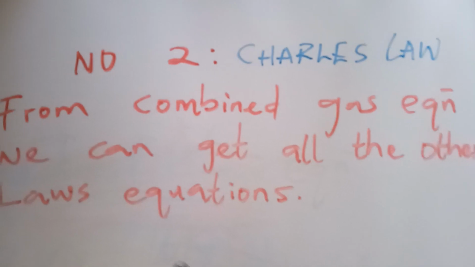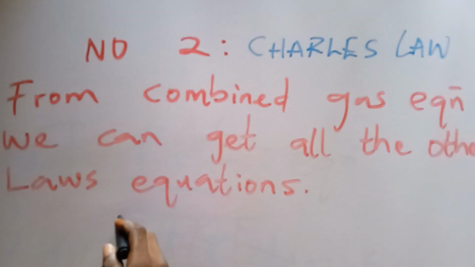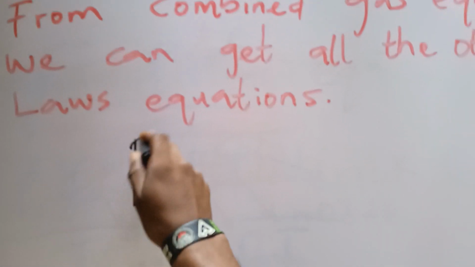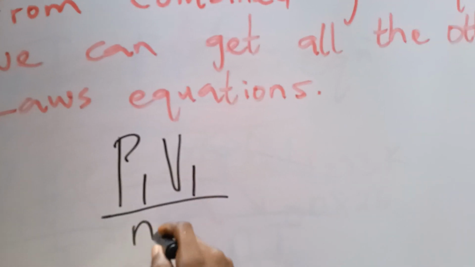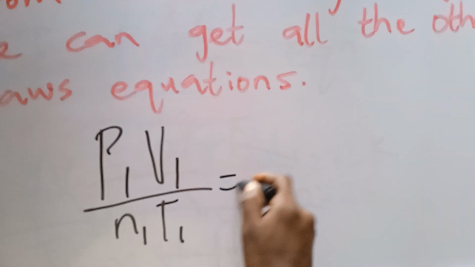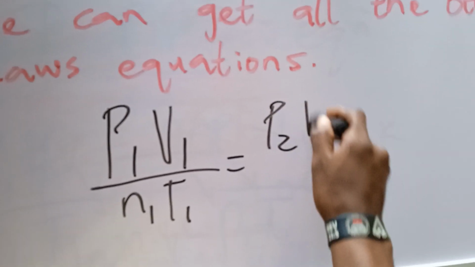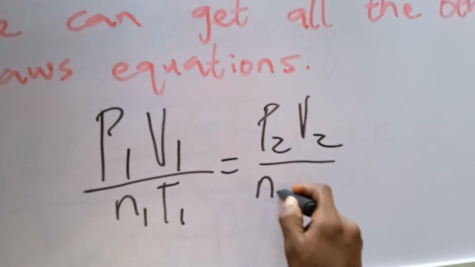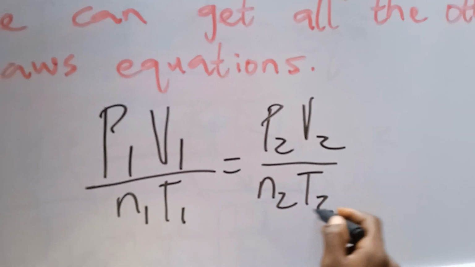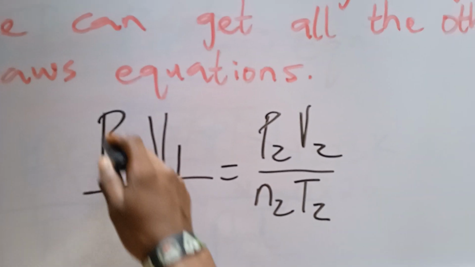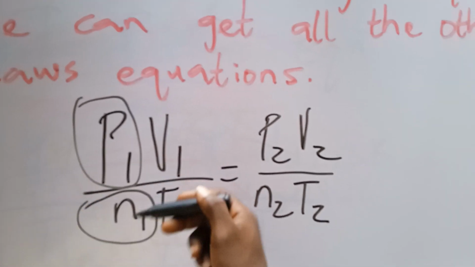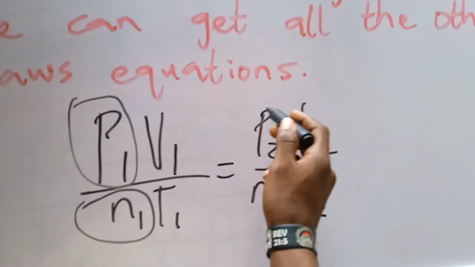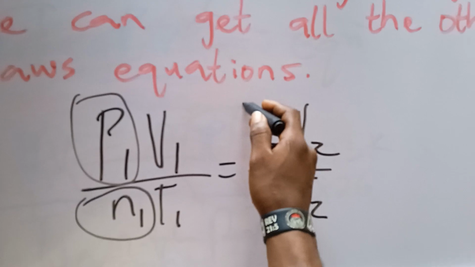So using the combined gas equation, we have P1 V1 all over n1 T1 equals P2 V2 all over n2 T2. Now it says that at constant pressure, and you need to know that the amount of substance is also constant, we ignore it.